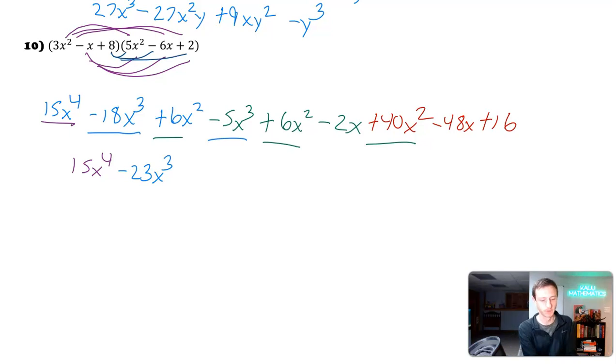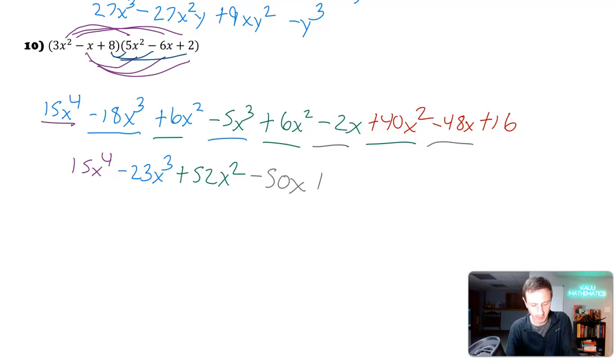Yeah, okay. So 6 plus 6 is 12. 12 plus 40 is 52. And then minus 2x minus 48x is going to be minus 50x. And then we have that plus 16 constant.